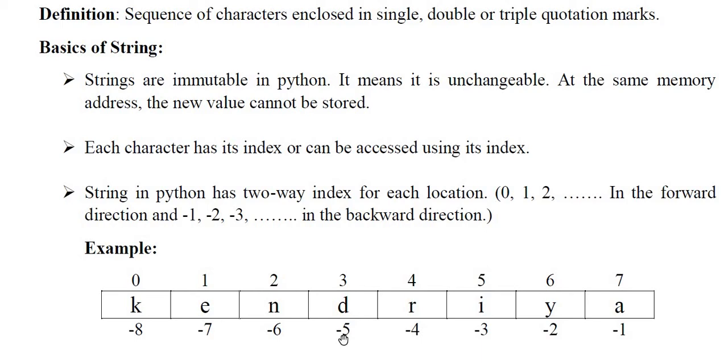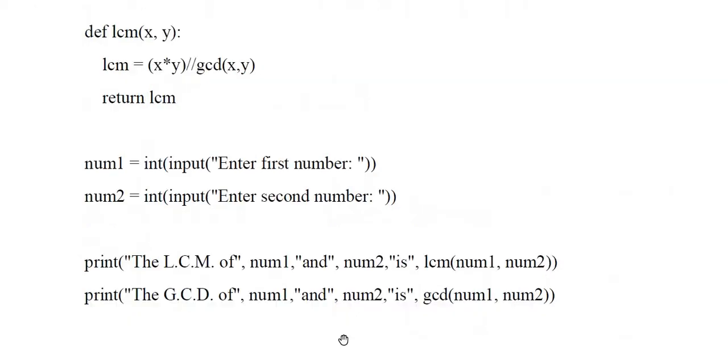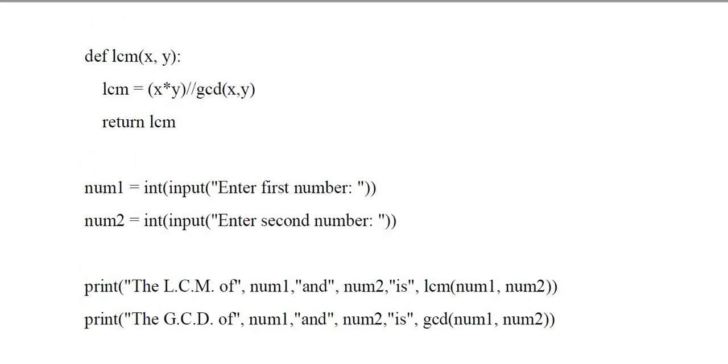So three things are very important here: first, strings are immutable. Second, each character has its index, and string has two-way index. Now let's see another thing.